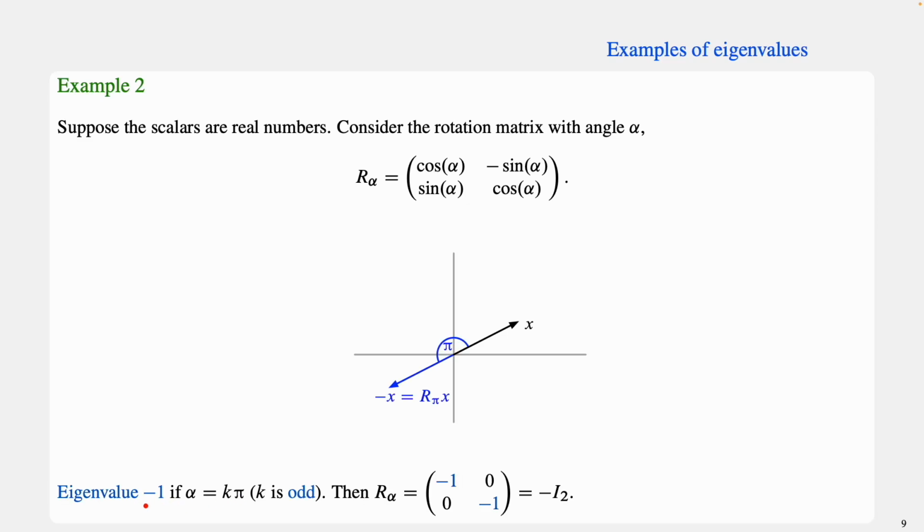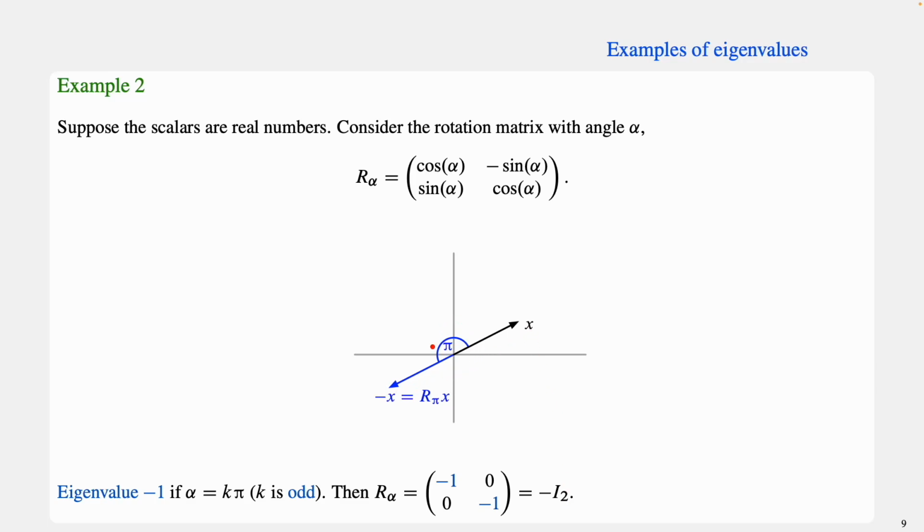We do get an eigenvalue minus 1 if alpha is k times pi, so a multiple of pi, for an odd number k. Because in this case, as you can check using trigonometric identities, the rotation matrix is simply minus 1, 0, 0, minus 1, so it's minus times the identity matrix, so every vector in the plane is mapped to its negative.